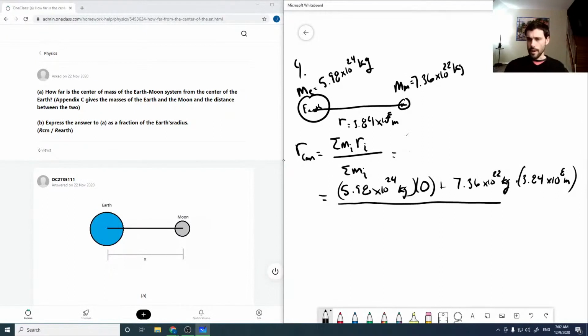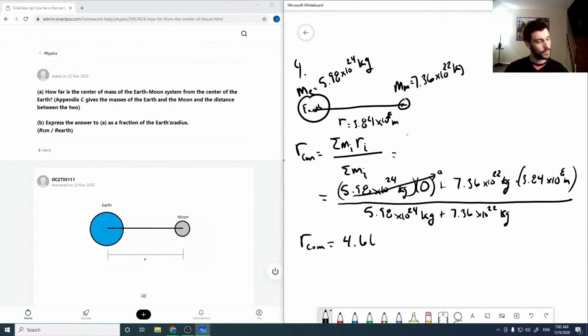And then that's all divided by the sum of the masses, so 5.98 times 10 to the 24 plus 7.36 times 10 to the 22. And so we can run this through on our calculator. This term is obviously going to 0. And so our center of mass is equal to 4.669 times 10 to the 6 meters.